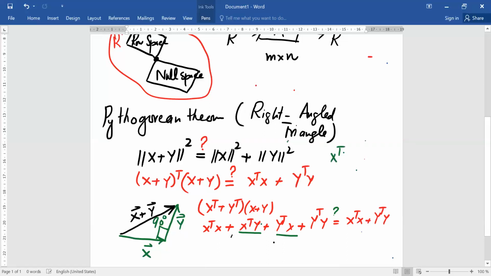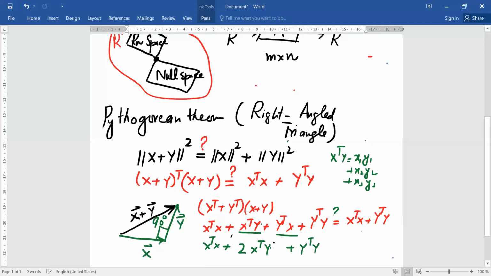Here this X transpose Y is X1 Y1 plus X2 Y2 plus, let's say, 3 components. So this is actually a dot product. So I can say here that this becomes 2 times X transpose Y, and the other terms are X transpose X plus Y transpose Y.